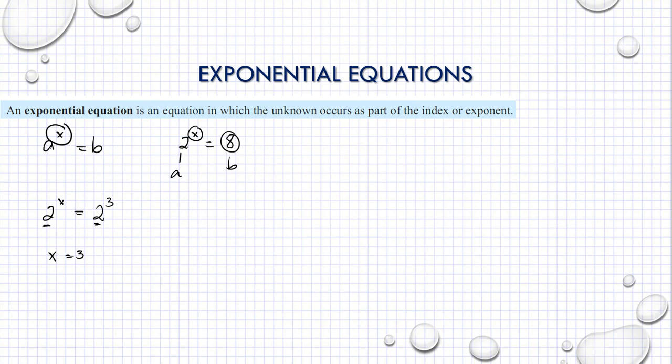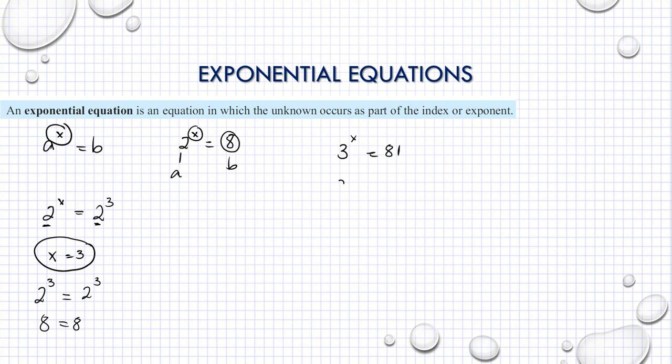How do we know that? Because 2 raised to 3 is equal to 2 raised to 3. That is 8 is equal to 8. So when the left-hand side of the equation and the right-hand side of the equation are equal, then x is the right solution. 3 is the right solution. And then we have also 3 raised to x is equal to 81, for example.